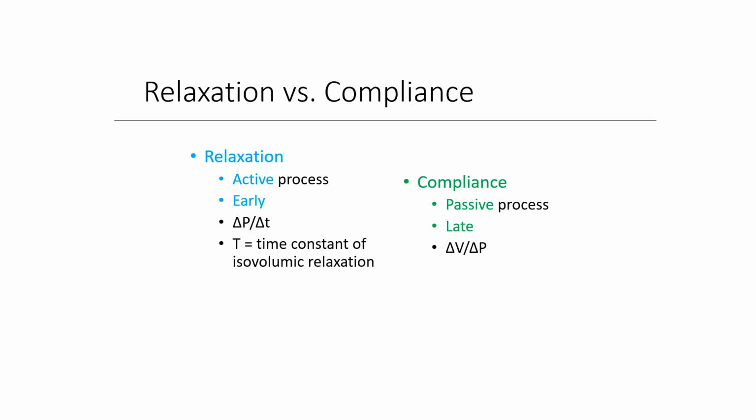And this is the ventricular compliance. It is a passive process. So the ventricles are already in a state of relaxation. They have filled, and how compliant they are is one of the factors in how much more volume comes in during atrial systole.